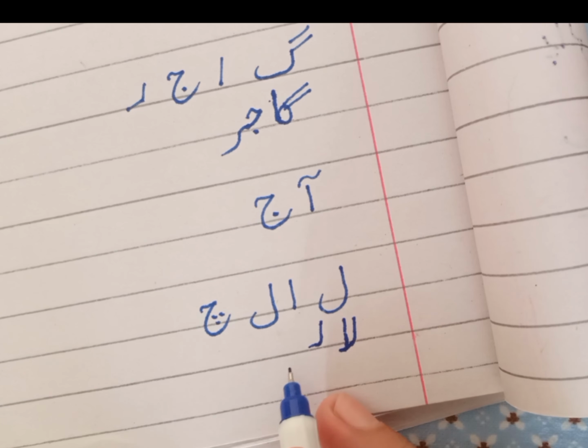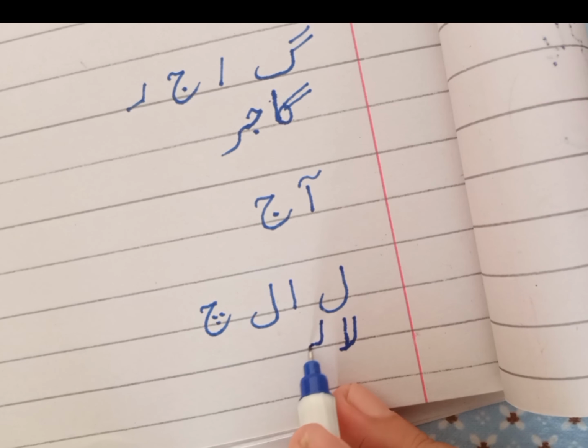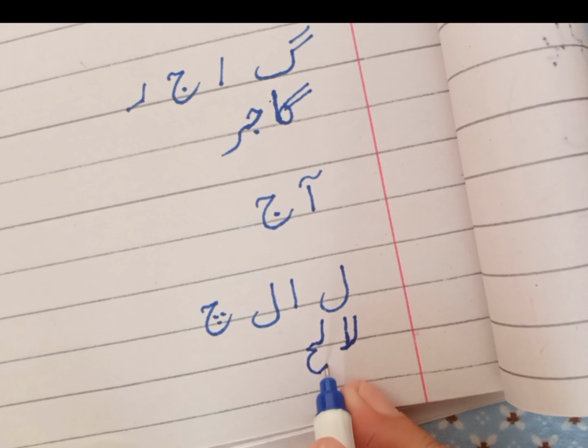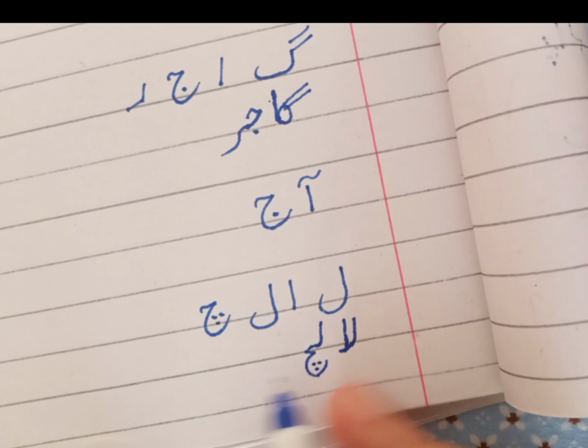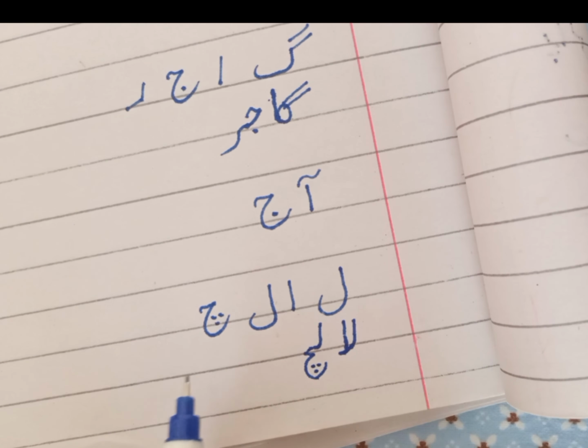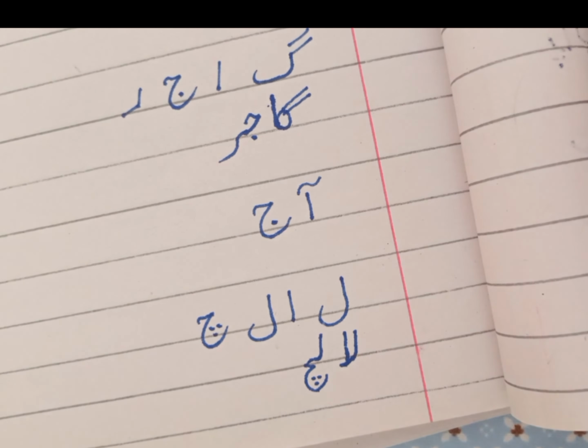Half shape of lam, and then you will join it with che like this. Ch. Three dots of che. This time che is in joint form, and over here Jeem is not in joint form because we cannot join over here, we can join over here. Lalach.